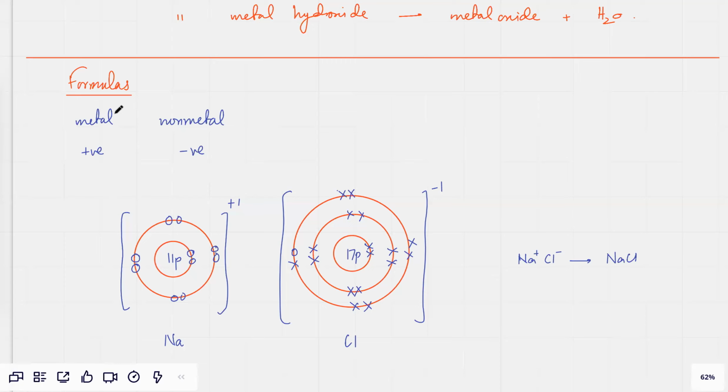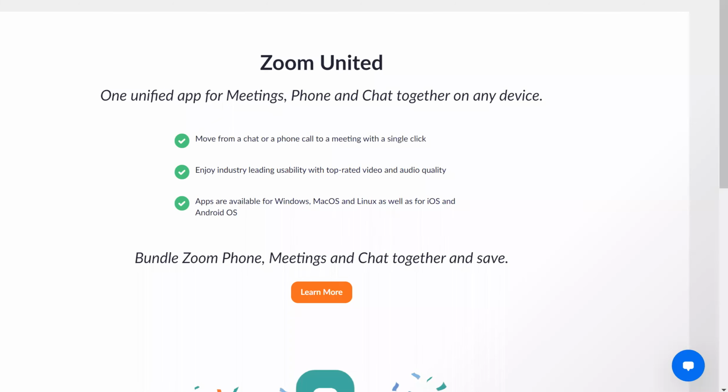Just a brief background. Why is this losing electrons? Why is this gaining electrons? Remember, metals are on the left side of the periodic table, and they have this tendency to lose electrons, and non-metals have this tendency to gain electrons. So I'm going to just briefly talk about why metals lose electrons and why non-metals gain electrons.